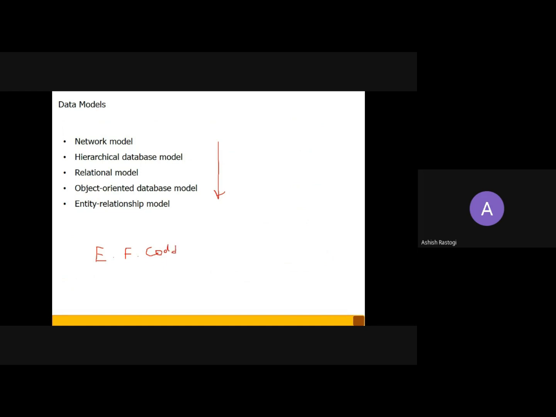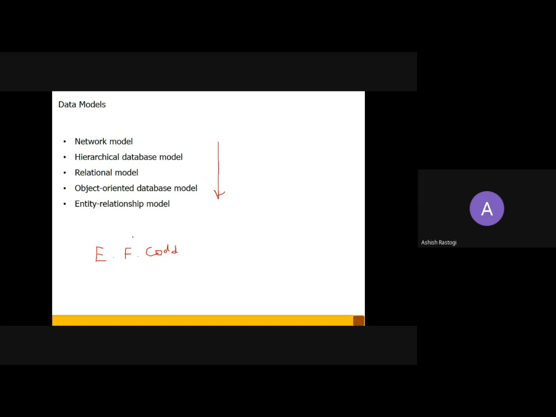I'm using a touchpad, so my writing might not be correct. Mr. E. F. Codd, the father of the DBMS, belonged to IBM. IBM is the first company that used the database management system. Always remember that. Edgar Frank Codd is the full name.